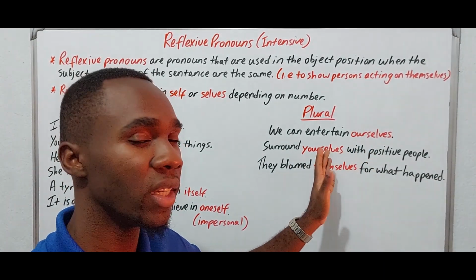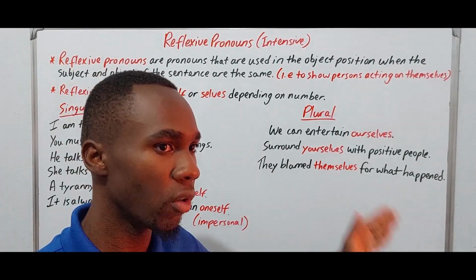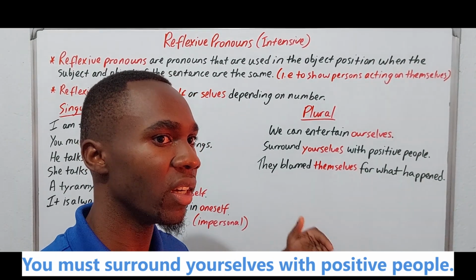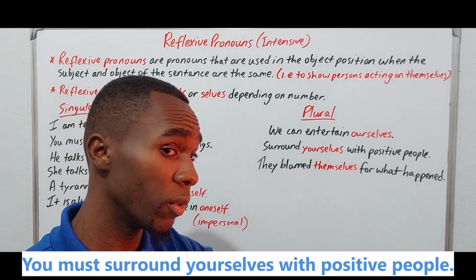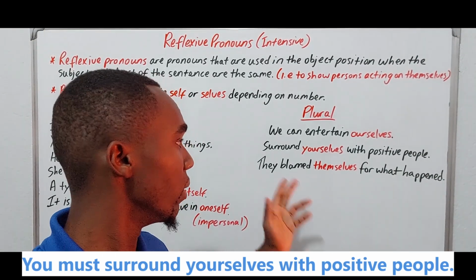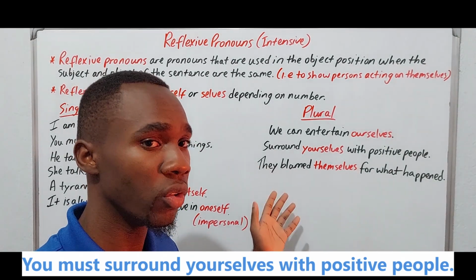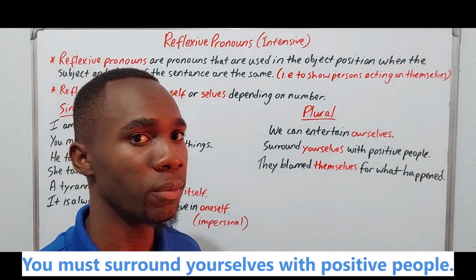So if you want to make the context a little clearer, we could say you must surround yourselves with positive people. But if it's already understood by context that we're talking to a group of people we already know, then this is fine, right? But if we don't know that, we would say you must surround yourselves with positive people.